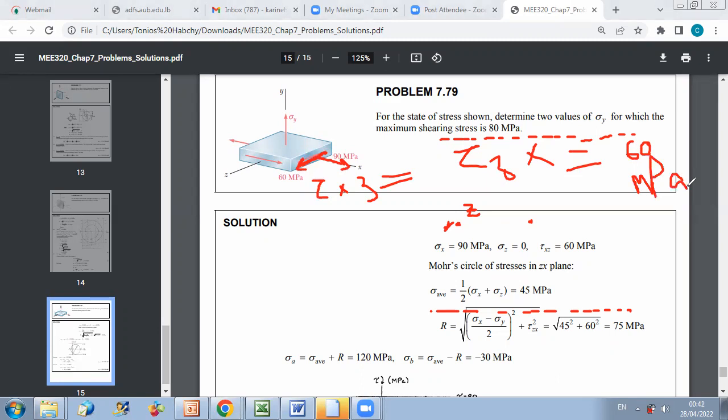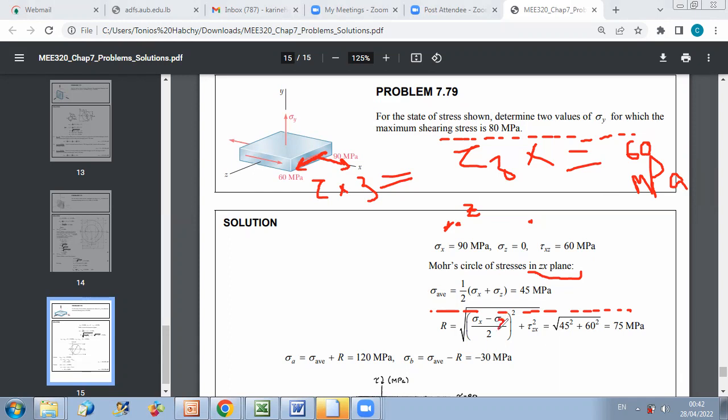Now, the next step will be to plot the Mohr circle for this state of stress. So we have for the Mohr circle in the zx plane, sigma average is half of sigma x plus sigma z. It's 45 megapascal, and the radius is here.